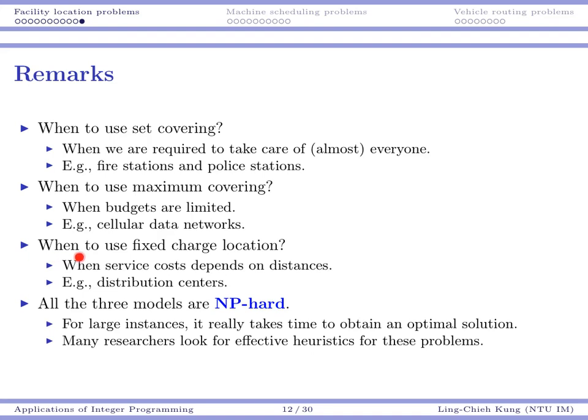Finally, when do you use fixed charge locations? That of course happens when your service cost depends on distances. If you are building warehouses or distribution centers, then UFL or CFL should typically be better than maximum covering, because you are talking about shipping costs versus construction cost.